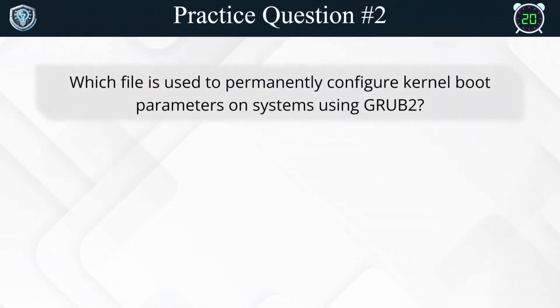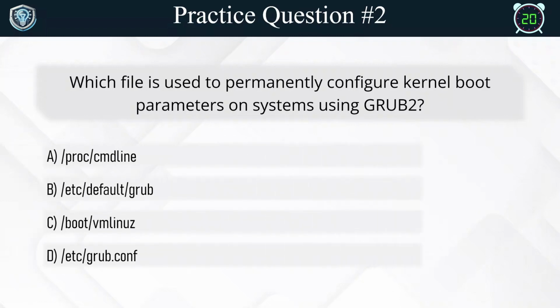The question is, which file is used to permanently configure kernel boot parameters on systems using GRUB2? Here are the options. Option A, /proc/cmdline. Option B, /etc/default/grub. Option C, /boot/vmlinuz.